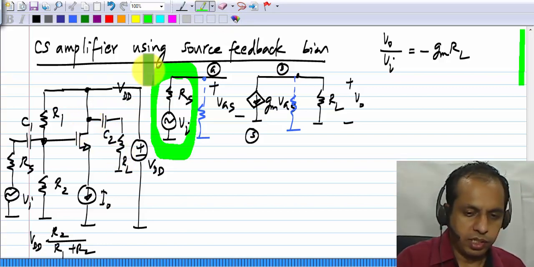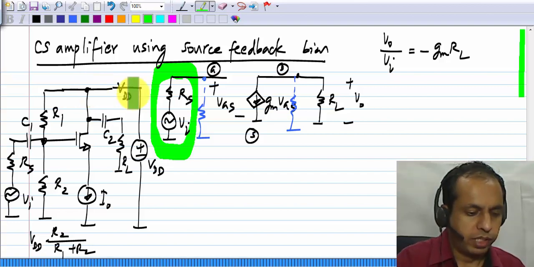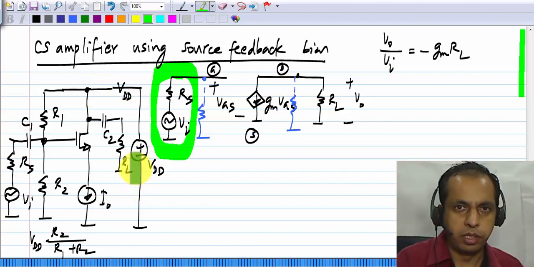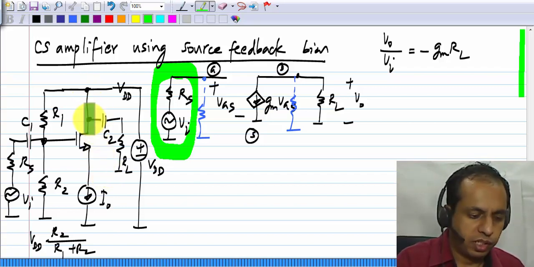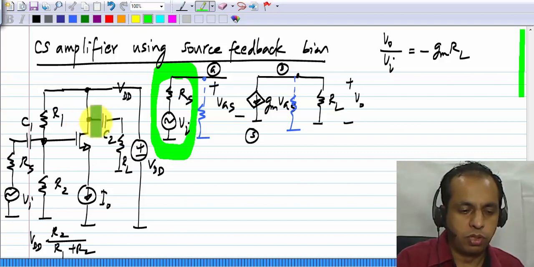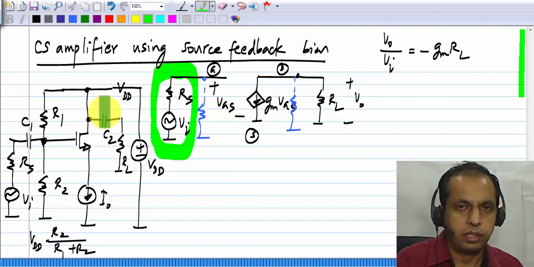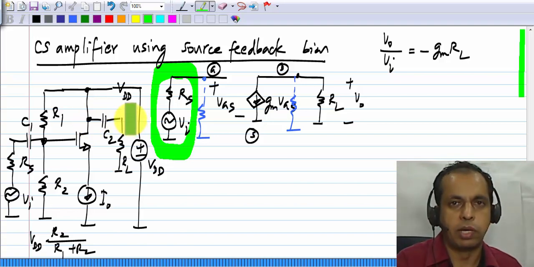But if the drain is connected directly to VDD, VDD is nothing but ground in the incremental picture. So that means that this will be connected directly to ground. So if it is connected to ground, then the signal voltage swing here will be 0. So that cannot be permitted, obviously. We want some signal to come out of the amplifier.